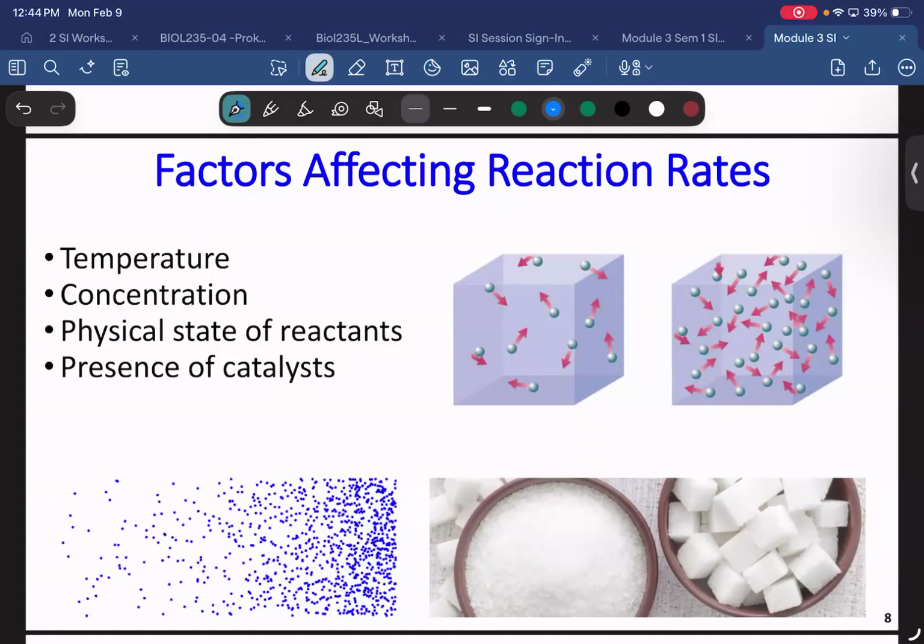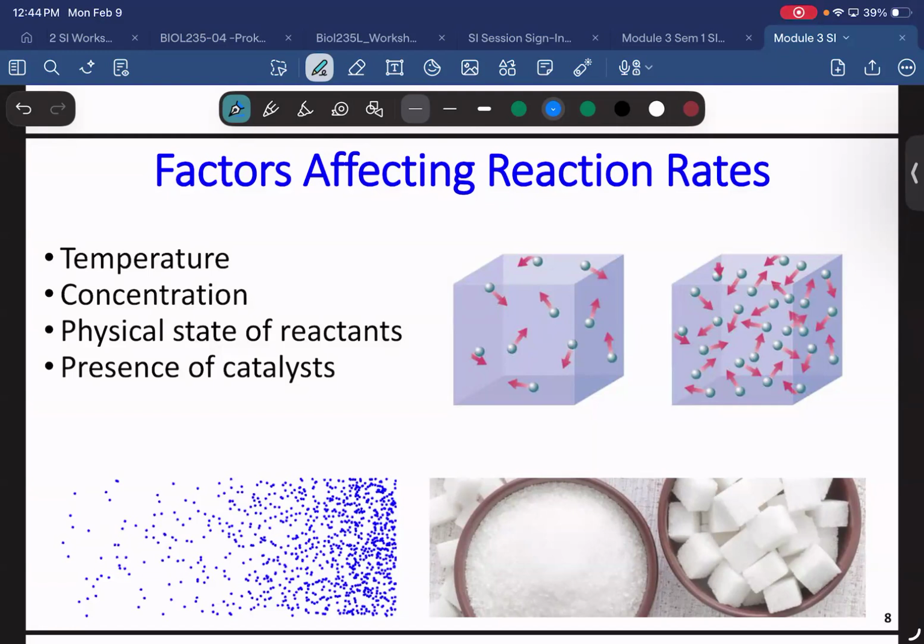So temperature can affect it. Concentration: if you have an increased concentration of reactants, it could cause the rate of the forward reaction to increase. The physical states: when you increase surface area, you increase the reaction rate. And the presence of catalysts, that we will learn later in this lecture how that works out.